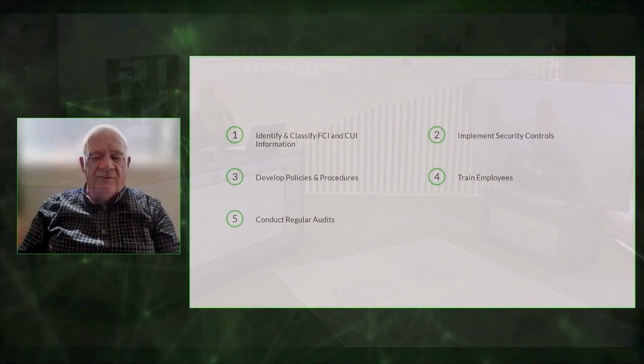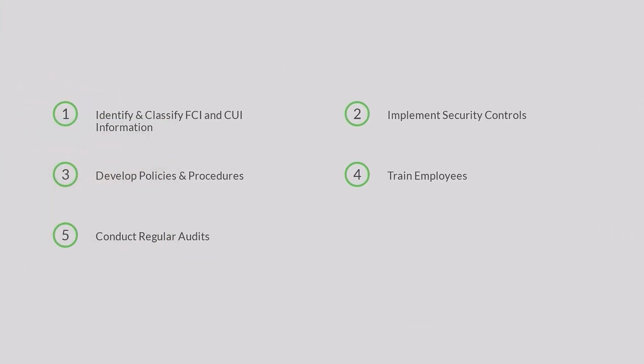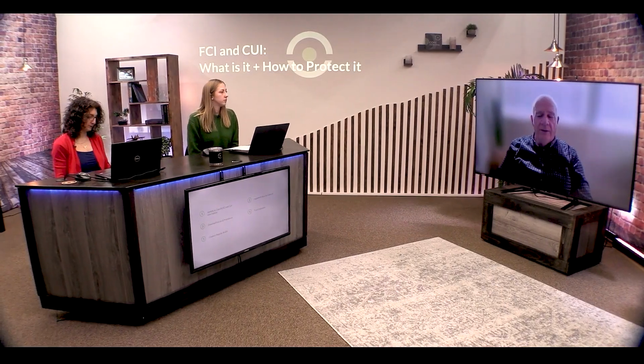And then finally, the last step in this process would be to conduct regular assessments, or sometimes people call them audits, to check on your progress, to make sure that all the controls we put in place are still in place, that there haven't been any changes in our environment, and to ensure that employees are aware of how to handle CUI and what their responsibilities are in this whole area.